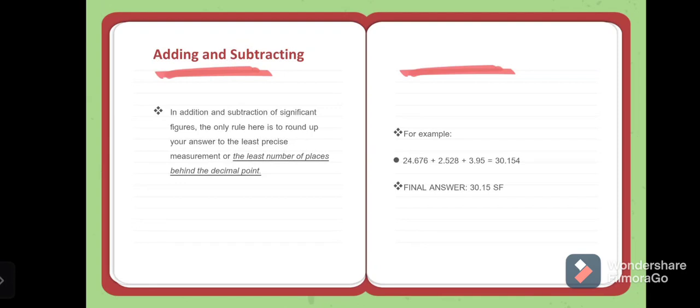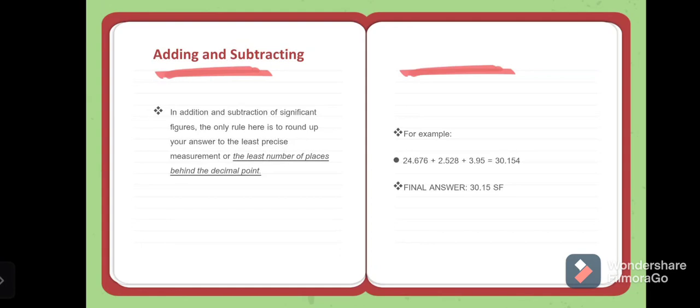For example, adding 224.676 plus 2.528 and 3.95 leads to 30.154.